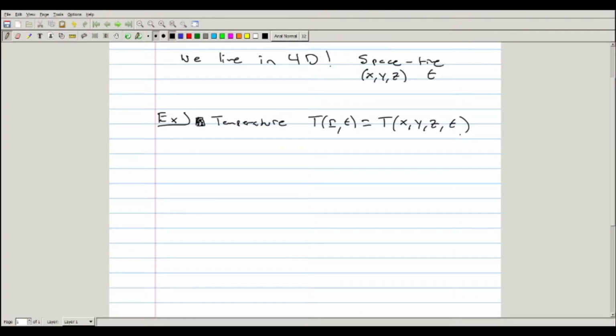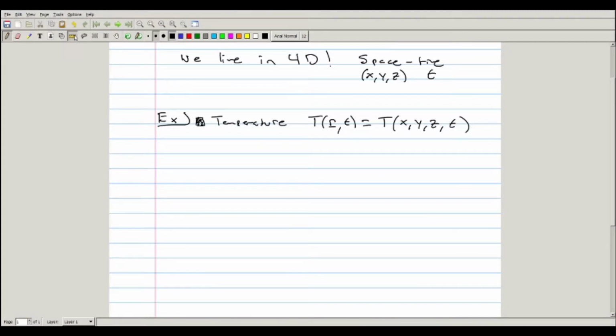It's actually a very special type of multivariable function called a scalar field. At every single point in space and in time, we have one specific value defined. That value is the temperature at that point in space and in time.